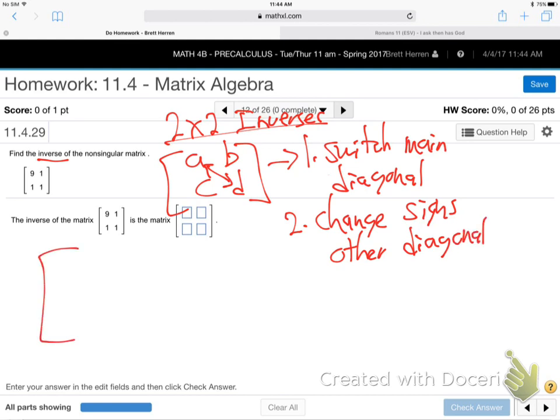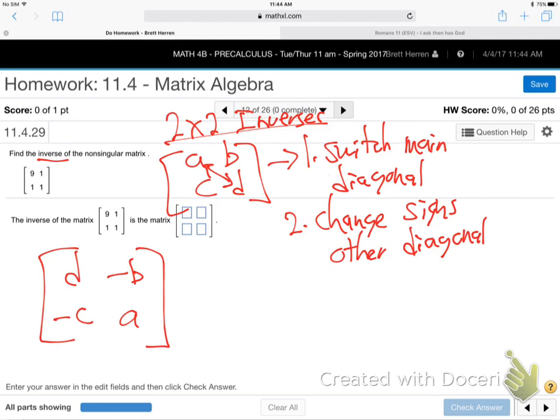So you switch the main diagonal: D goes here, A goes there. Change the signs on the other one. Am I racing ahead of you? You got that? I'm going to do it on the TI-89 in a minute. Let me first show you the steps in general.